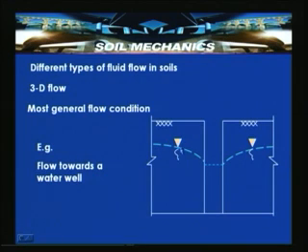The flow occurs in all directions, spherically, converging towards the center, that is the borehole. This is an example of flow towards a water well, which is designated as a three dimensional flow.